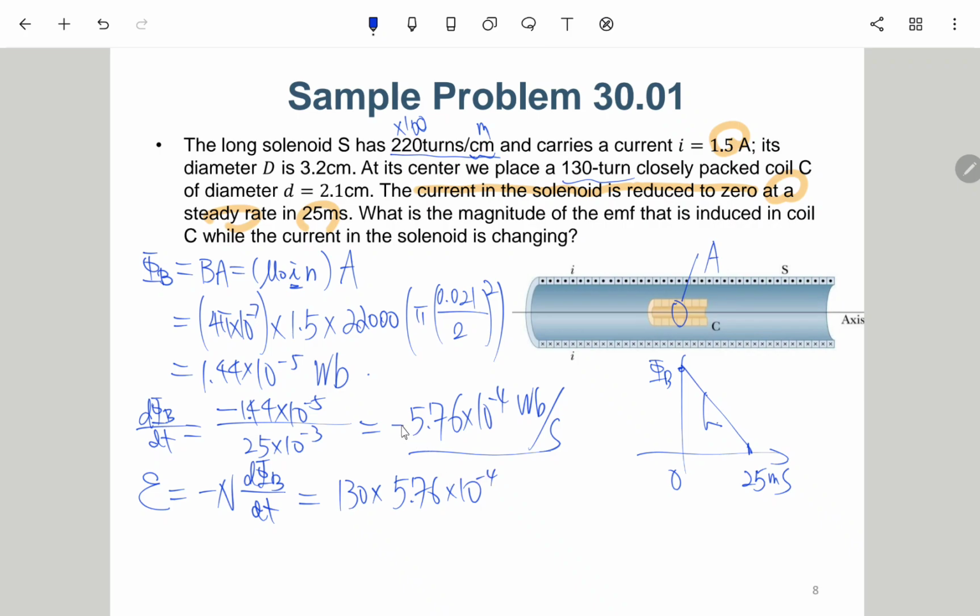This is a negative sign, this is another negative sign, so this is a positive number. Finally it is 75 millivolts. Not quite large, but yeah, it is measurable. So this is the magnitude of the EMF that's induced in coil C while the current in the solenoid is changing.